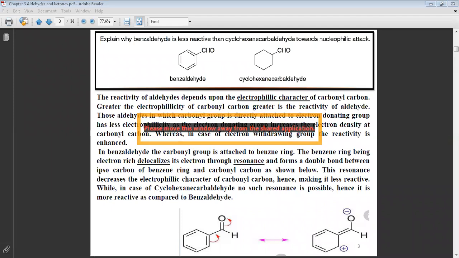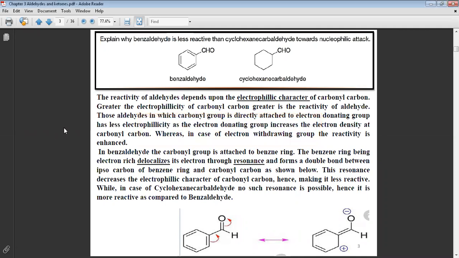Just I remove this. And he said, look at this word here. Actually, it is an important word. He said the reactivity of aldehyde depends on the electrophilic character of the carbonyl carbon.